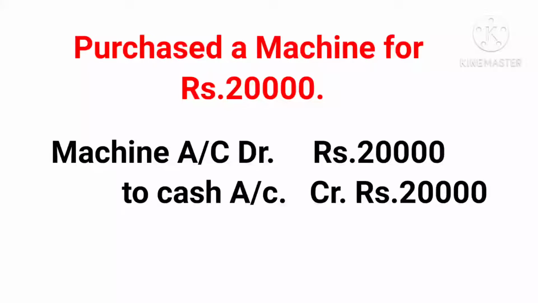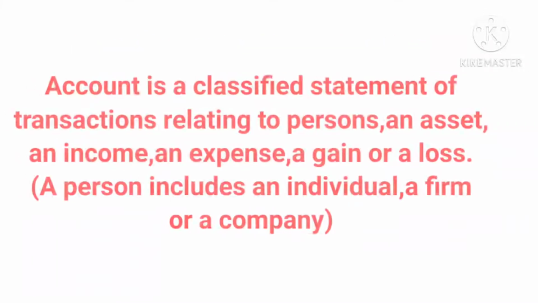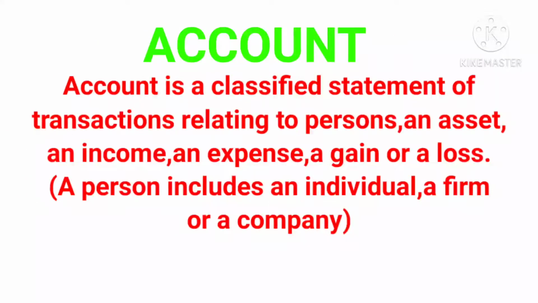It is very important to discuss about rules for ascertaining debit and credit in a transaction. Before going to this discussion, we have to know the meaning of the word account, which has been used many times in our discussion.